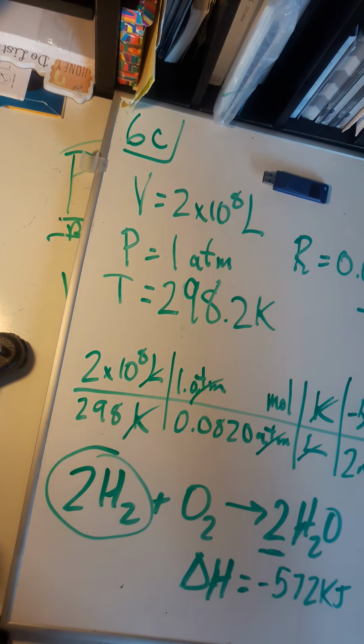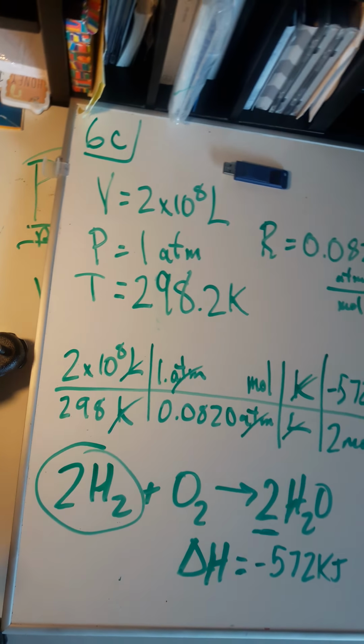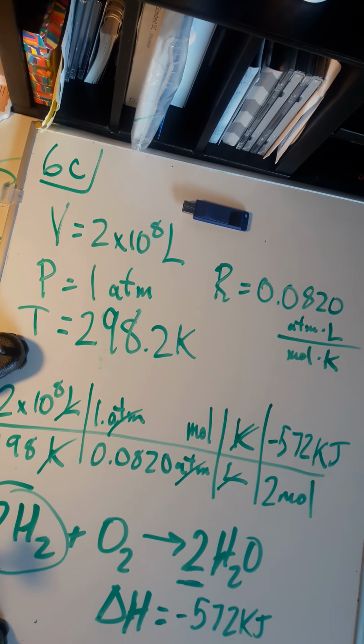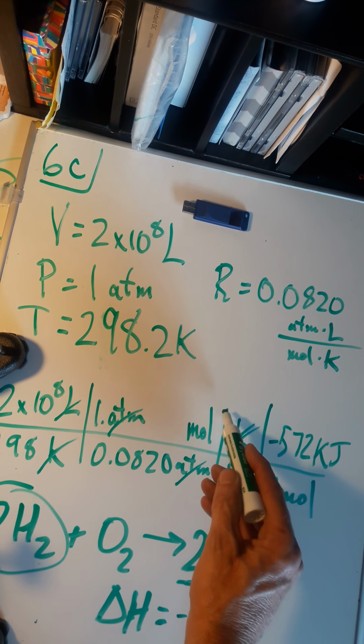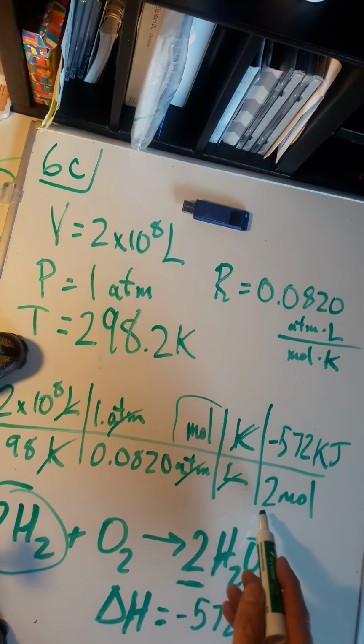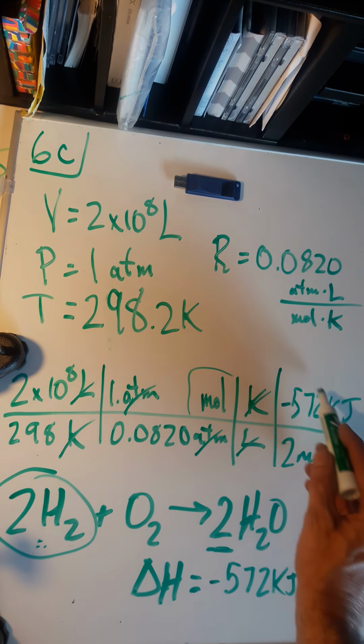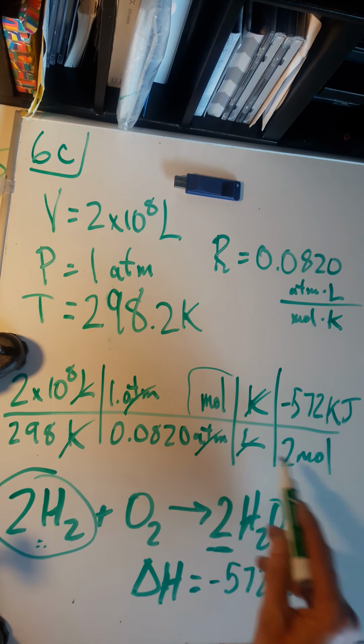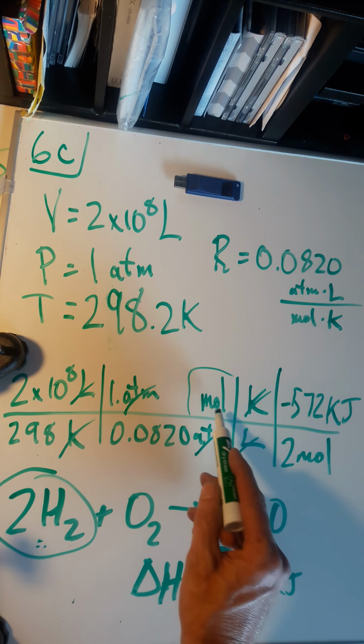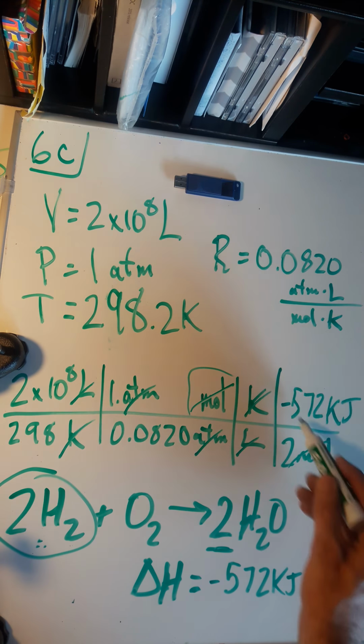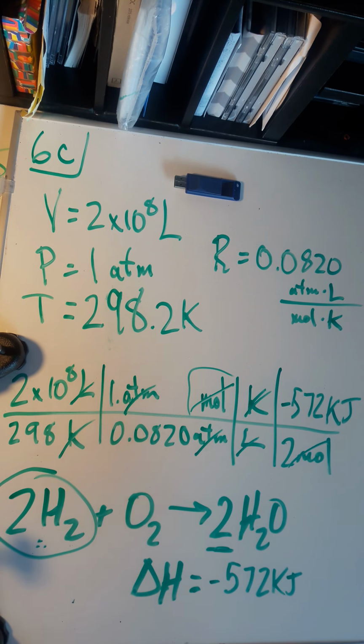So we can add that right into our problem here. I have my moles, and in my equation I have 2 moles of hydrogen gas. For every 2 moles, it gets this much energy. So I do my mole to mole ratio, cancel my moles, and now I'd have the amount of energy that would be produced.